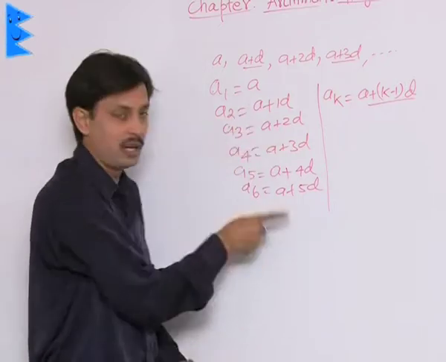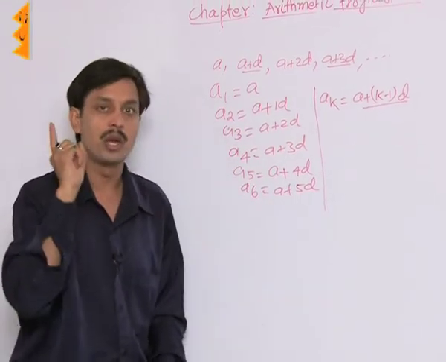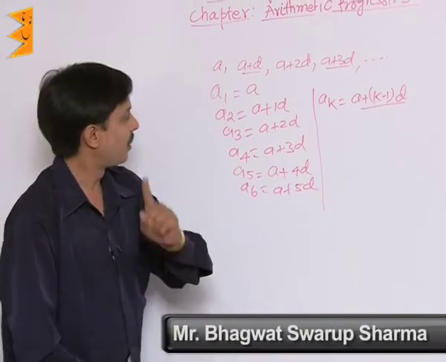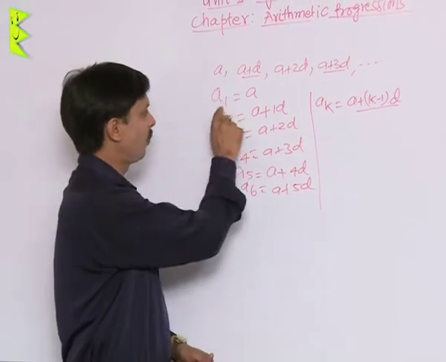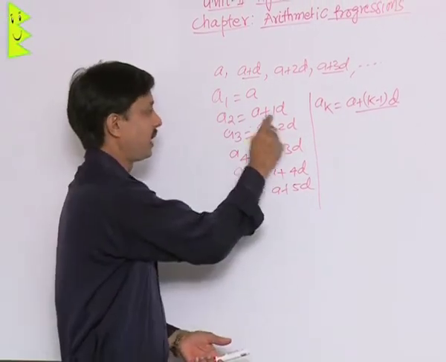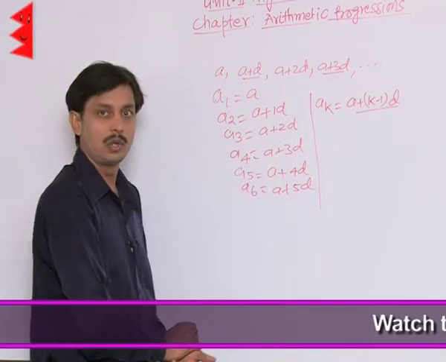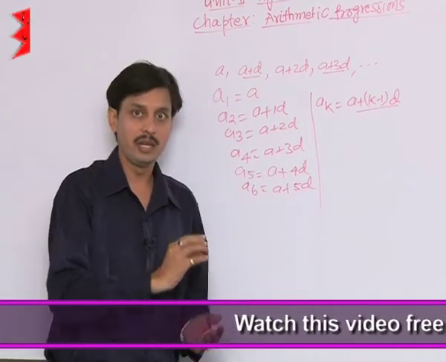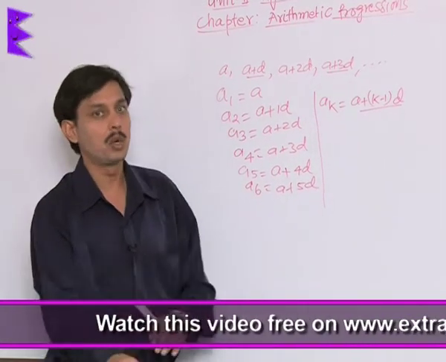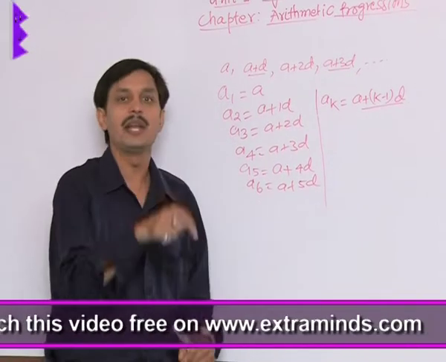The reason is the pattern, and you can observe very clearly: for the first term 0D, for the second term 1D, for the third term 2D. That is, we add one less than the term number times D to the first term to find any term.